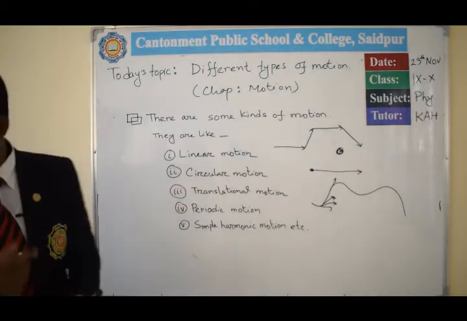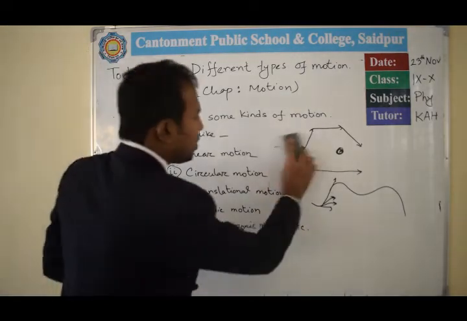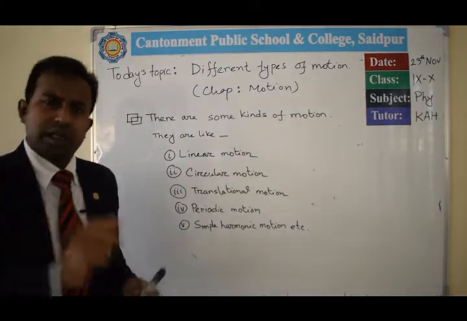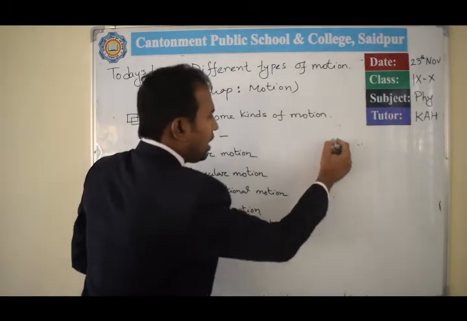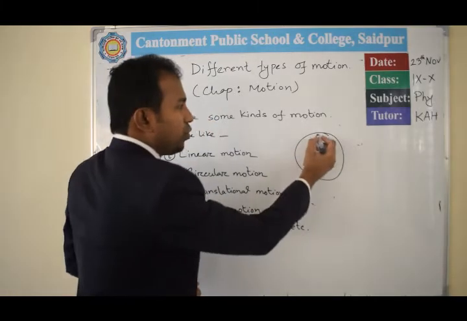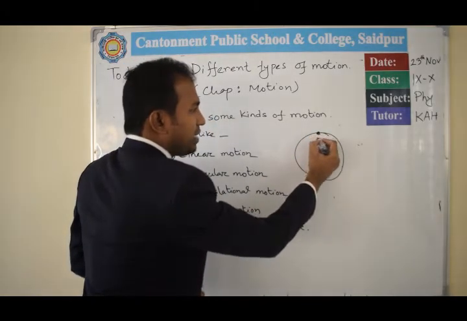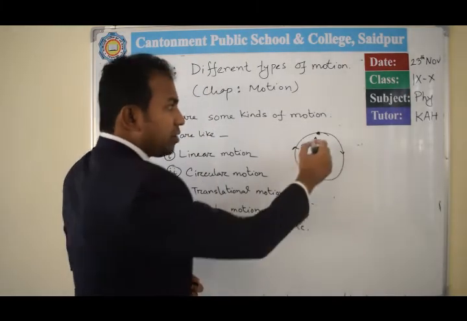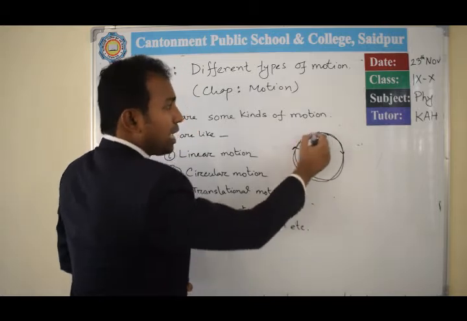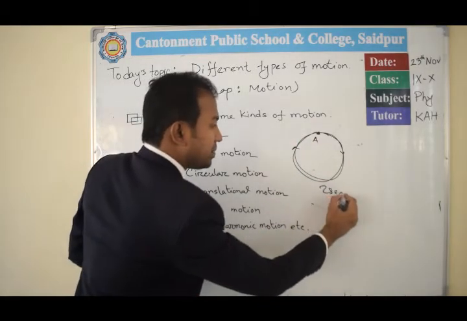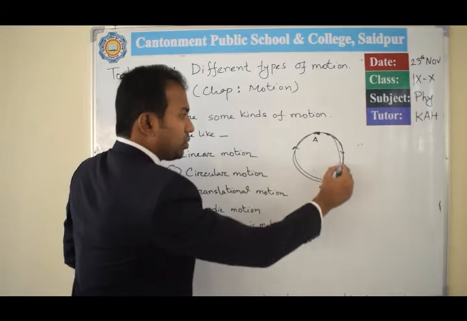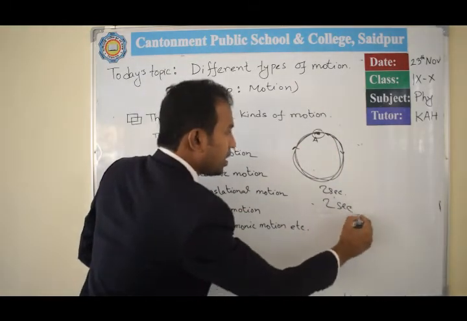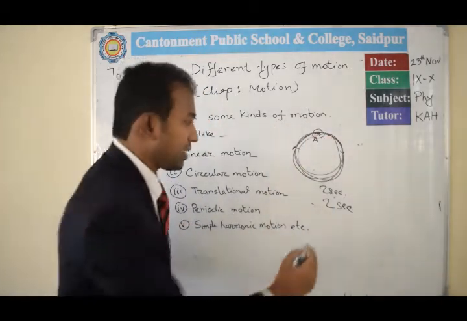We can show over here an object moving, crossing this point every time. Starting from here and going back to that point, it takes 2 seconds. Again it's passing that point in 2 seconds. Again it's passing this point in 2 seconds.